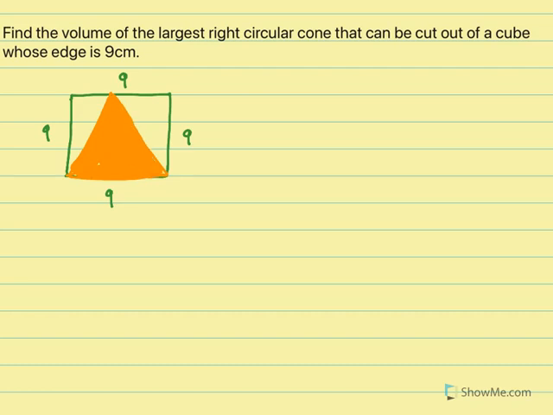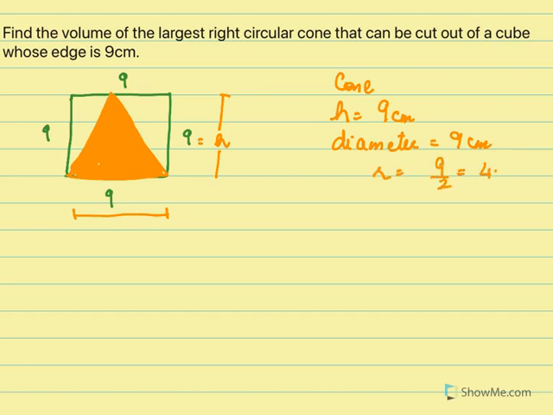So for this cone, we see this is the height of the cone. So for the cone, the height is 9 centimeter, and this is the diameter of the cone. So the diameter of the cone is also 9 centimeter, which means the radius is 9 by 2, 4.5 centimeter.